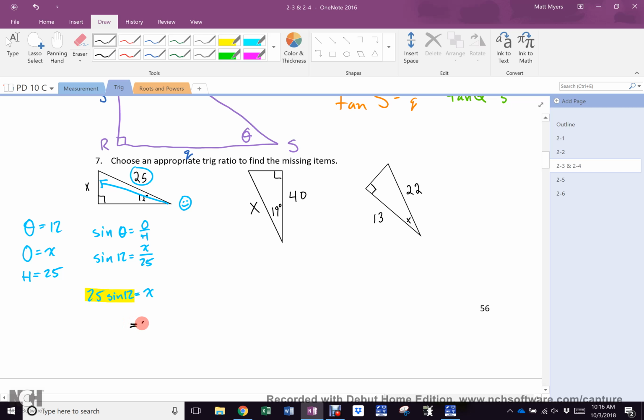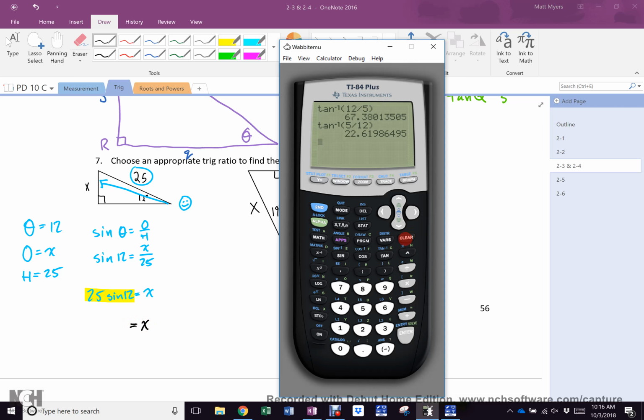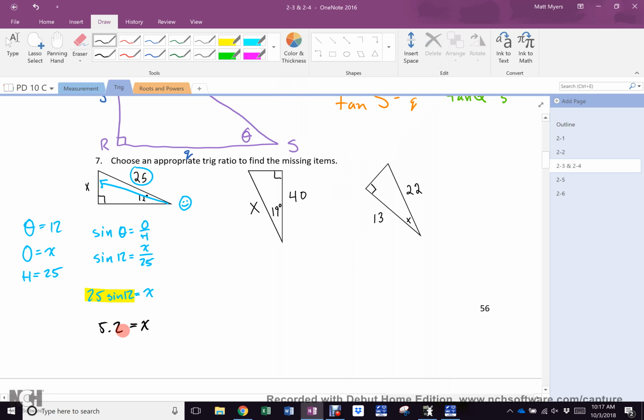What is x? For me, on my calculator, since mine's a forward calculator, I can punch in exactly what I see. 25 sine 12, close brackets, equals 5.2. What is the first thing you should check right now if you can't get 5.2?